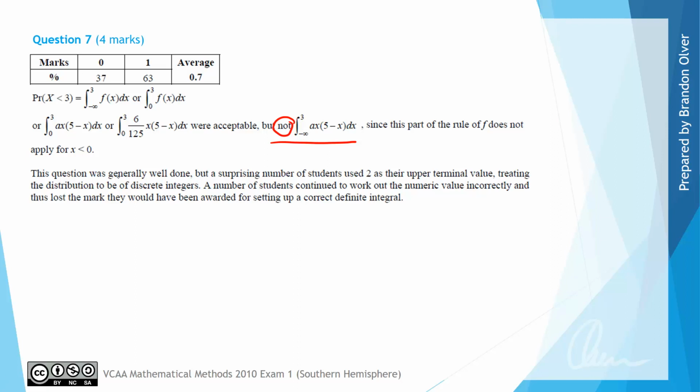Overall, that question was generally well done, but a surprising number of students used 2 as their upper terminal value instead of 3, because they were treating the distribution as discrete integers, whereas for a continuous random variable we can include 3 in that terminal, even though the probability asked for was less than 3. A number of students continued to work out the numerical value incorrectly, and thus lost a mark that they would have been awarded for simply setting up the correct definite integral.